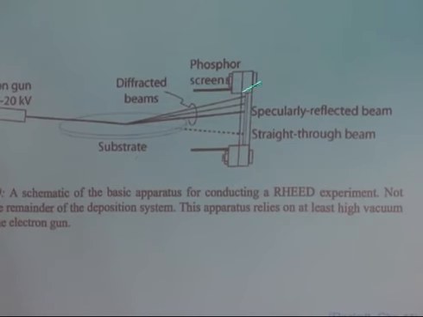The diffraction beam is done at a very small angle, typically 2 or 3 degrees, because this is a surface probe. It doesn't probe deep inside the crystal.